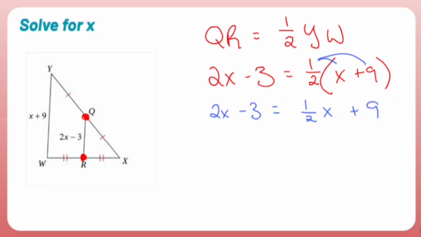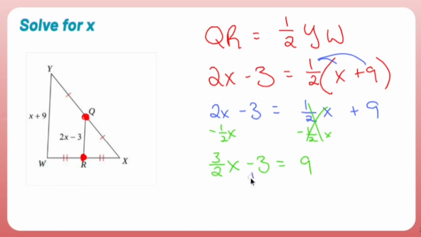Let's get rid of half of an x, so minus 1/2 x on both sides. 2x's minus 1/2 is 1.5, or I'm going to write out 3 over 2 x. Drop down the minus 3, drop down the equal sign, you're now gone, drop down the positive 9. Now it's a two-stepper.